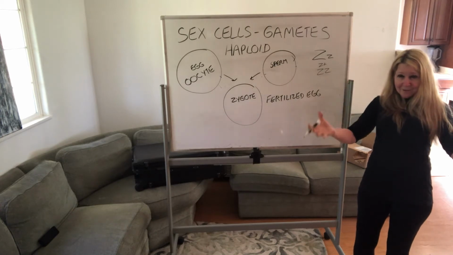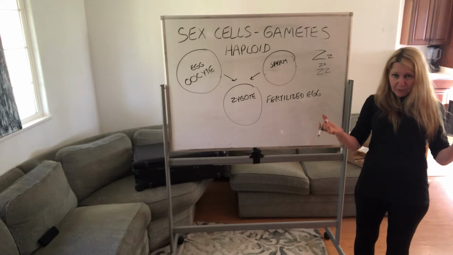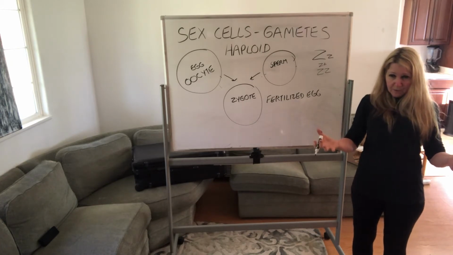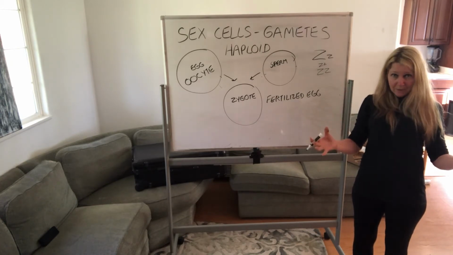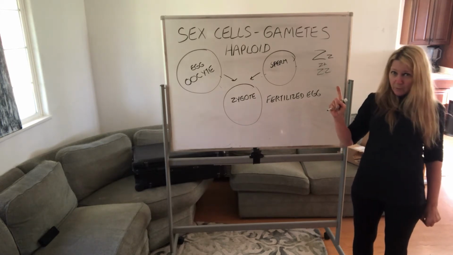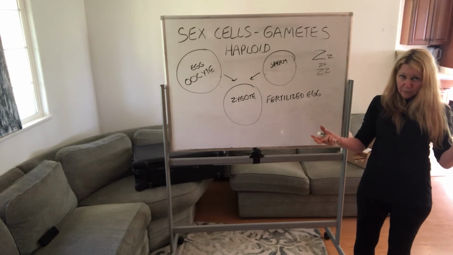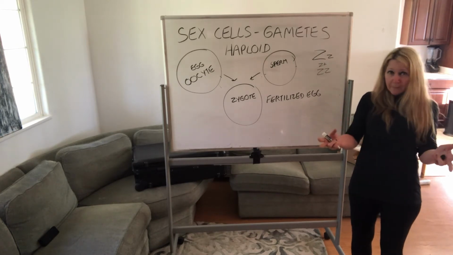Sex cells have half as much DNA as other cells. So they only have one gene. They only have one form of the gene. They don't have two. So they either have a big Z or a little z. They don't have both. They don't have one of each. They have only one.